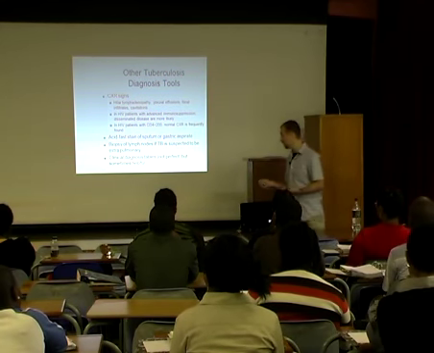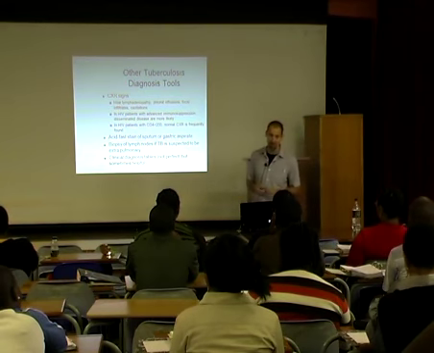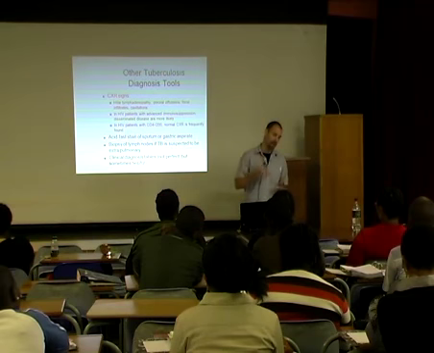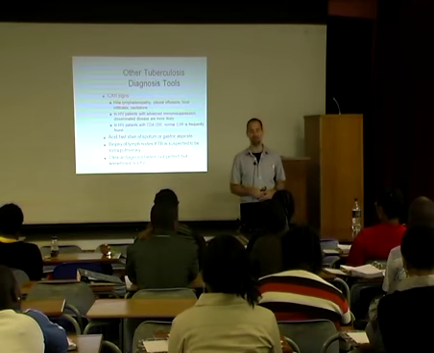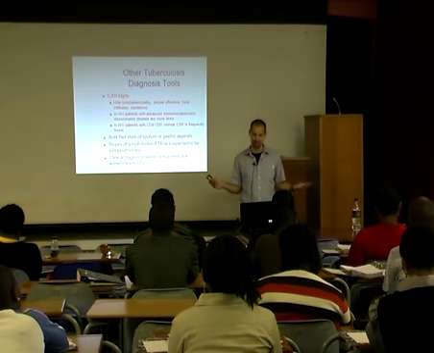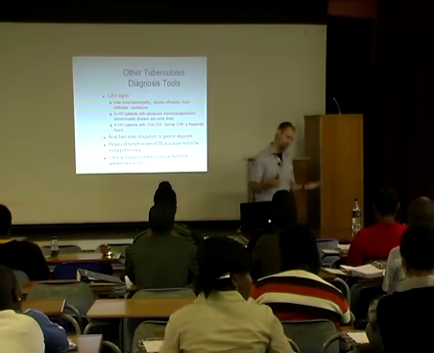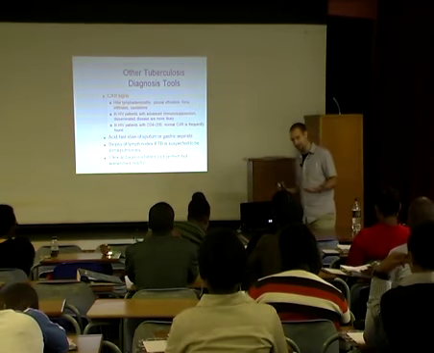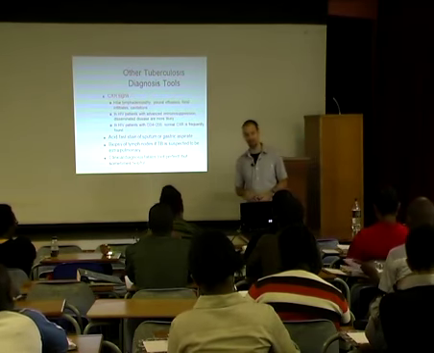So if it's TB of the lymph nodes, you could do a biopsy. Again, you take the lymph node, cut it out, look at it under a microscope. You see TB in there. Very good way of diagnosing TB. For TB meningitis, you do a lumbar puncture. You look at the spinal fluid. If you see TB in there, very good way of diagnosing TB.